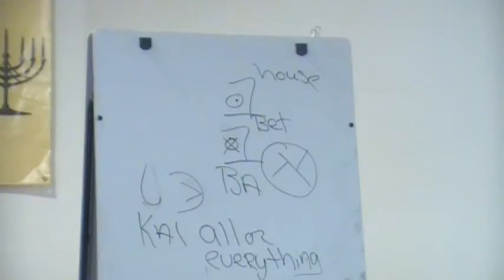Then we have the vav again, we have the hey, we have the yod, and we have the vav. So we have vehayu, and they will be. And then we have a hey, and the next letter is a what?